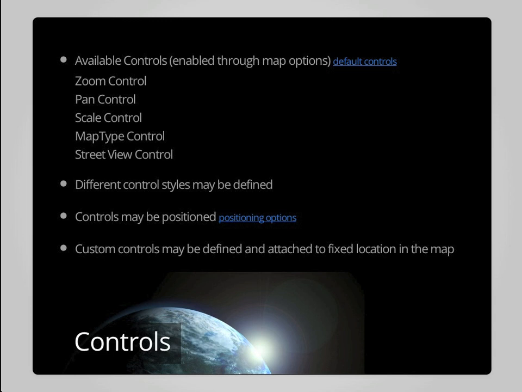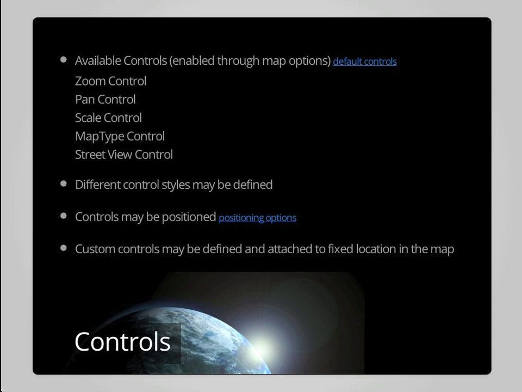A pan control allows them to move the visible map area north, south, east, and west. A scale control will display the current map scale as a part of the display on the screen. A map type control allows the user to select the map type: terrain, satellite, road map, or hybrid.